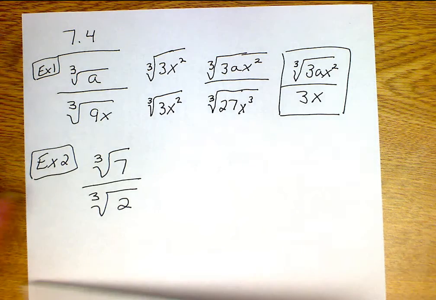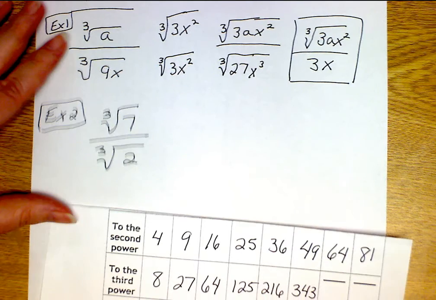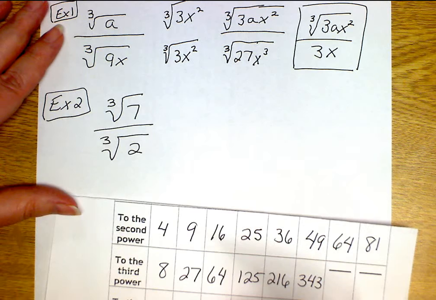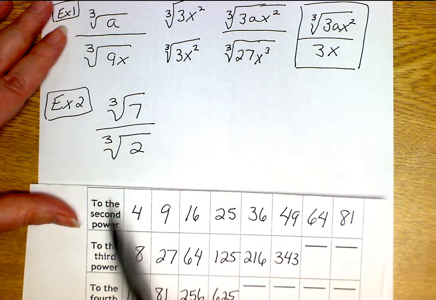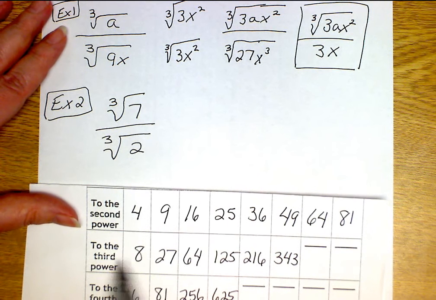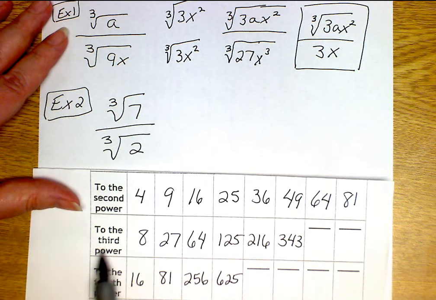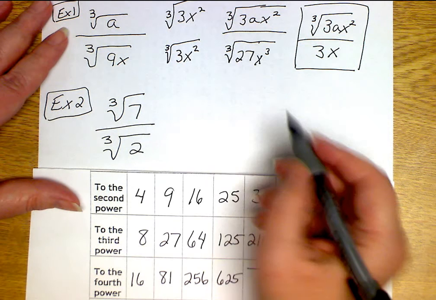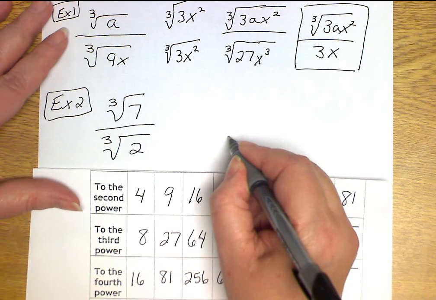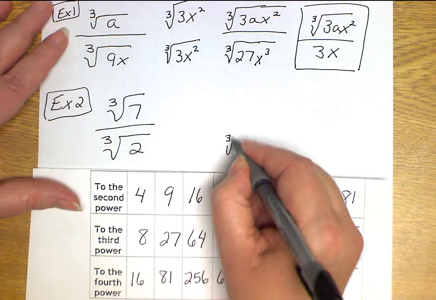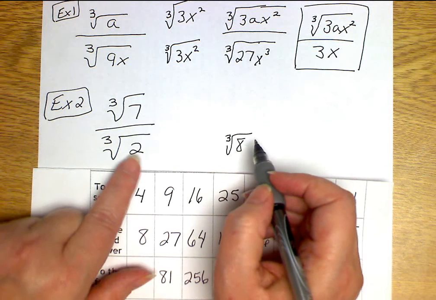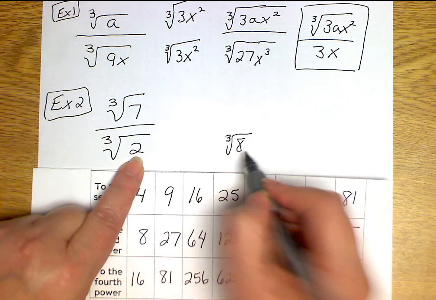Because it's a cube, the first step is to look to see what number, and you want the lowest number really, what number are we looking to get on the bottom? An 8. So I'm wanting the cube root of 8 over here. What must I multiply 2 by to get the cube root of 8?